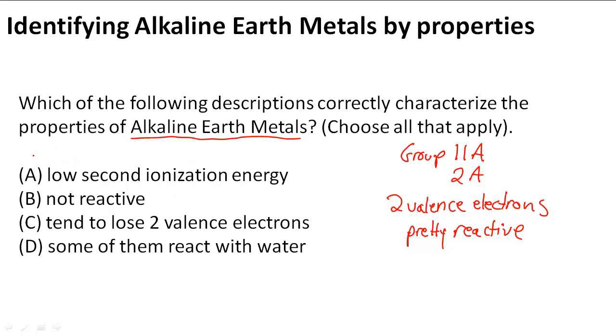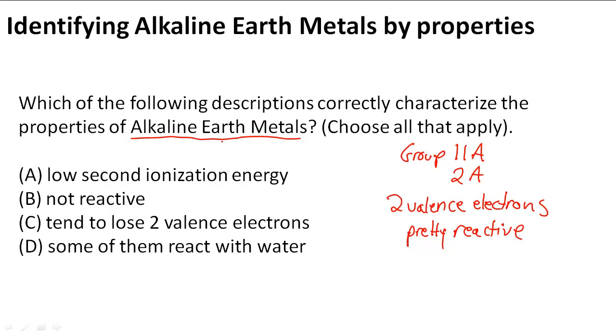Here it says low second ionization energy. So first ionization energy is how much it takes to take 1 valence electron from an element. An element that freely gives 1 is going to have a low one, but if it doesn't freely give other ones, it's going to have a high second ionization energy, trying to take the second valence electron.